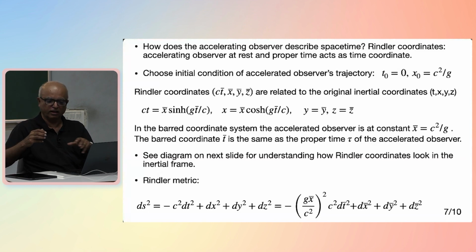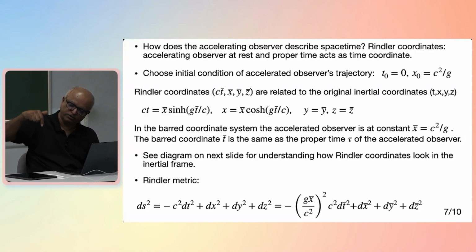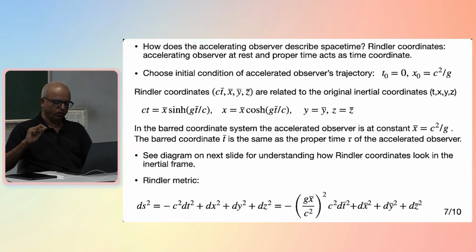A co-moving coordinate: he is accelerating, but in that coordinate system his position should be some constant. We will call it x bar. Moreover, that is not all. What time coordinate do I want in this new coordinate system? It should be his proper time.